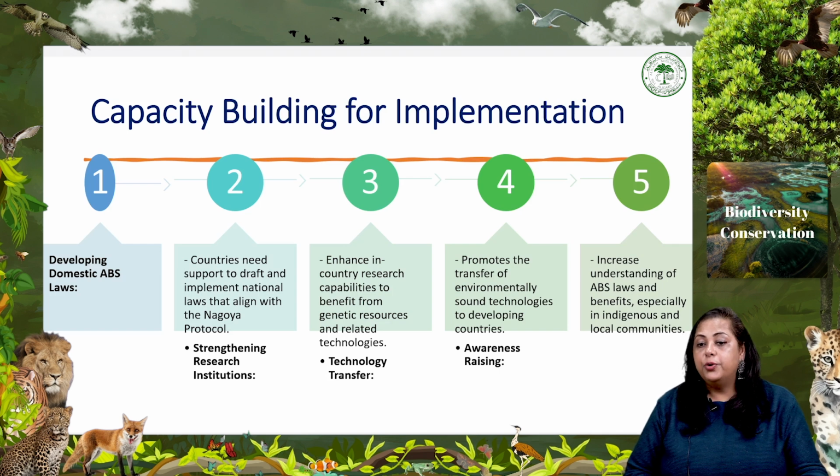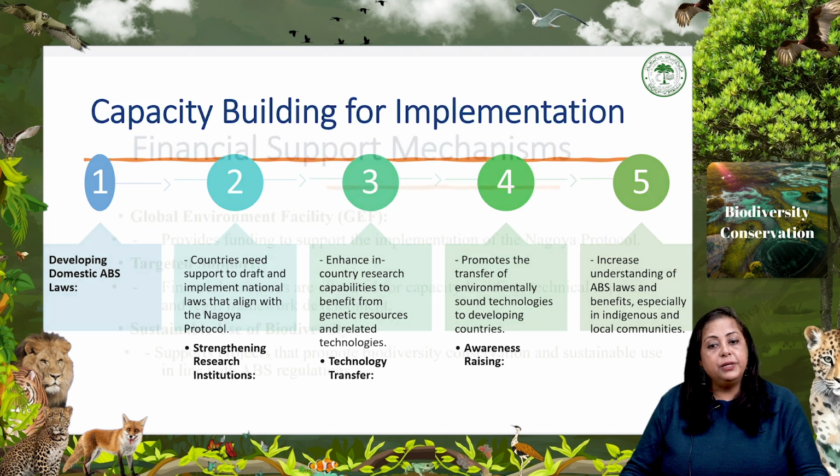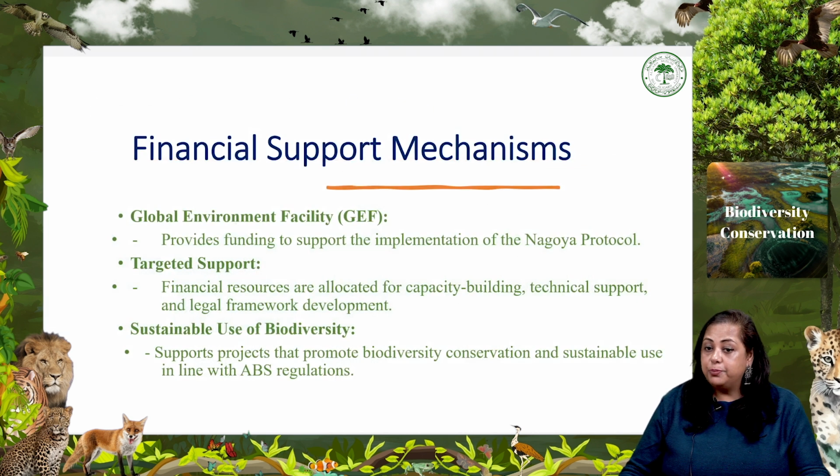Fourth is to promote the transfer of environmentally sound technologies to developing countries. Fifth, and the last, is awareness raising: increased understanding of ABS laws and benefits, especially in indigenous and local communities. So, this is the capacity building for implementation.